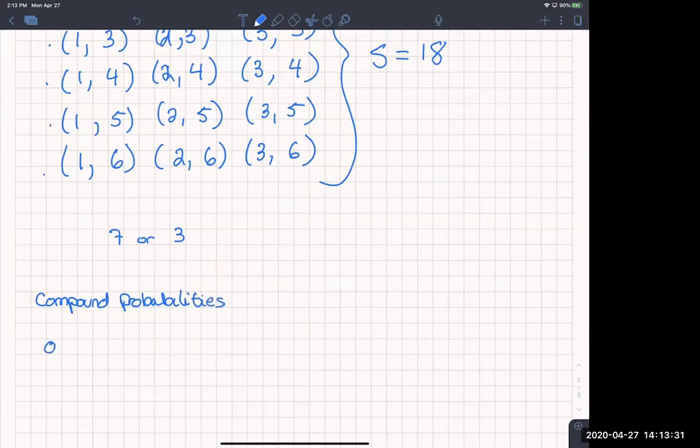There's the or probability, and then there's the and probability. Now, in probability, when you hear the word or, think addition. And when you see the word and, think multiplication.